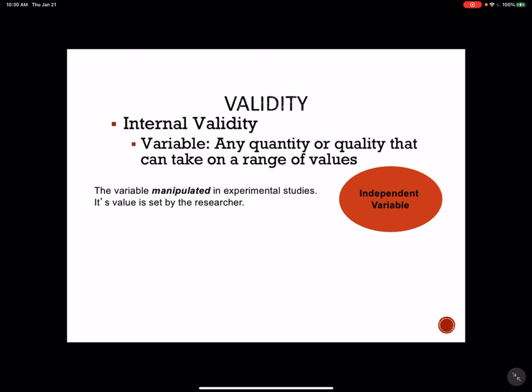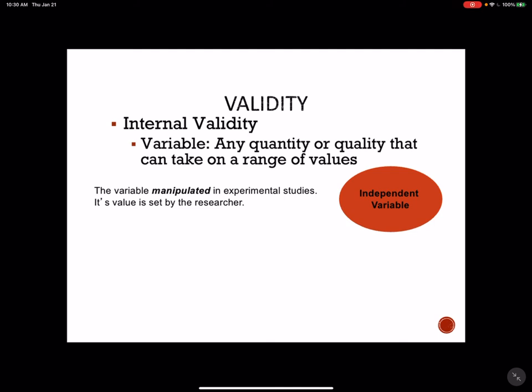So that was their hypothesis. But when they asked their participants to take the study, they only asked participants in one class, my class. So they only got one level of enthusiasm for professors.